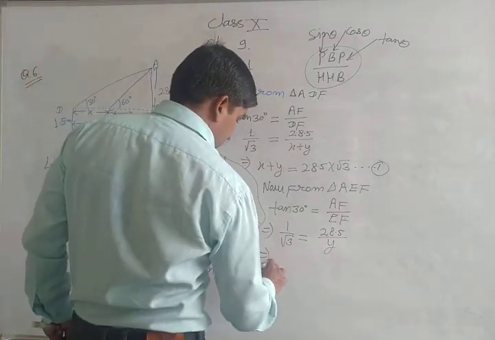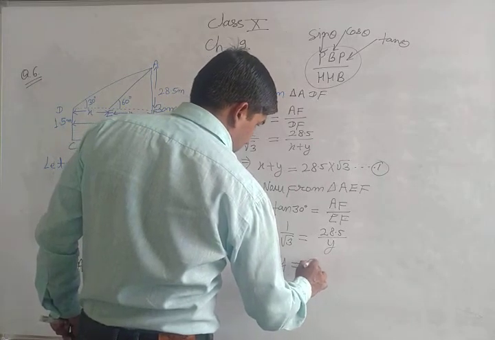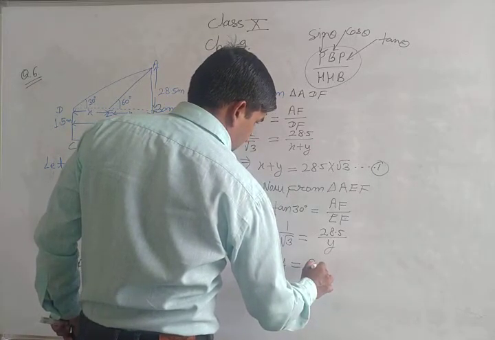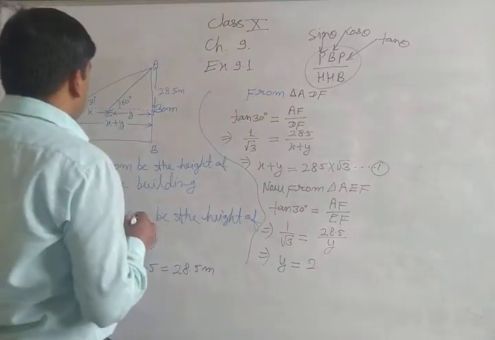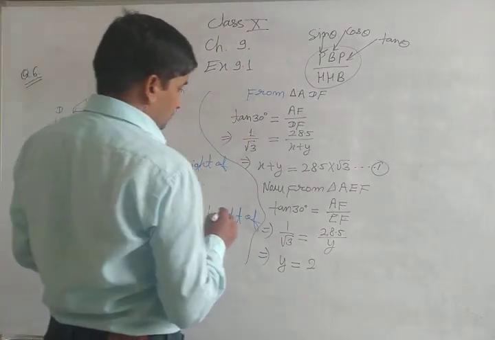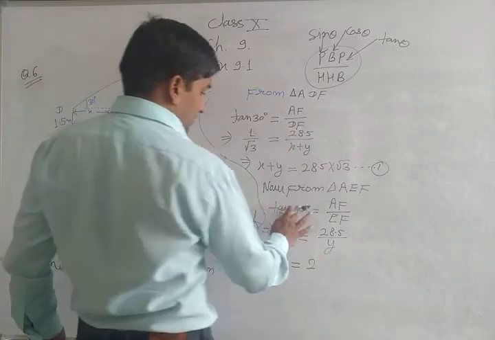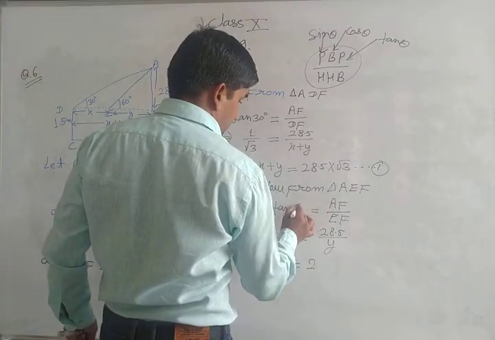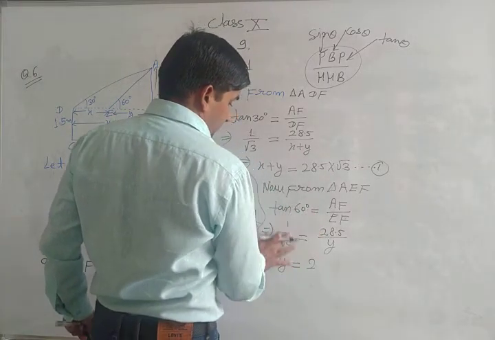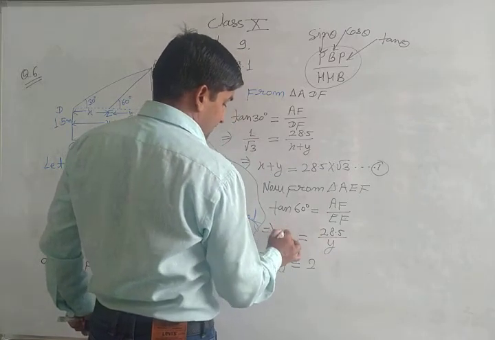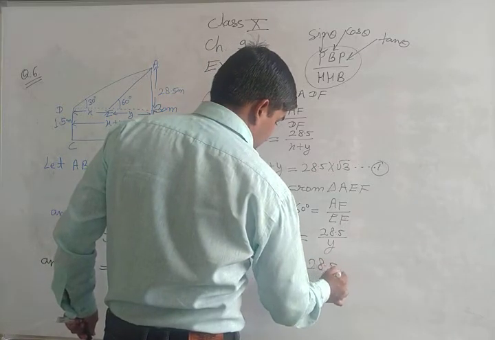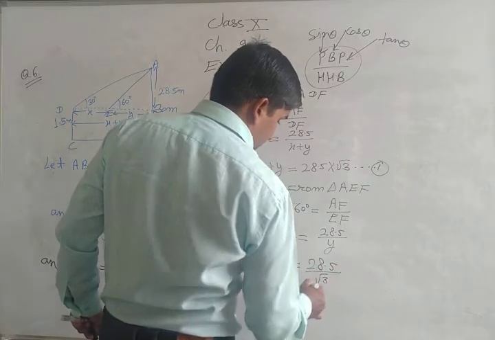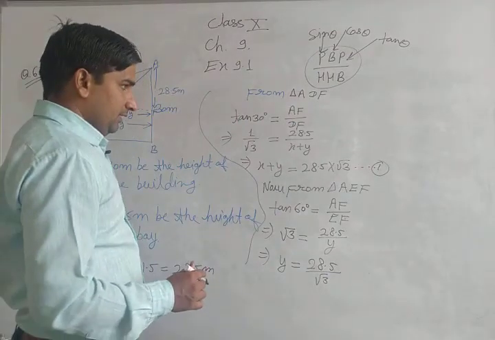It implies that y equals, sorry, tan 60 degrees is given. This one is tan 60 degrees. The value of tan 60 degrees is root 3. So y equals 28.5 upon root 3. Clear?